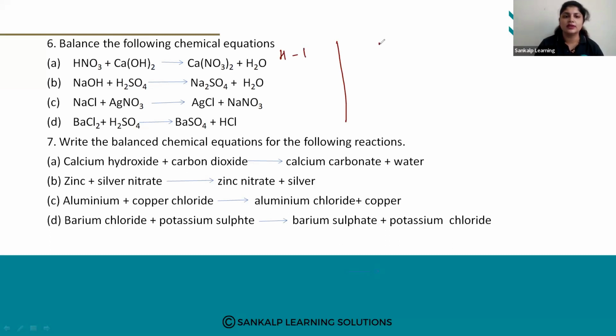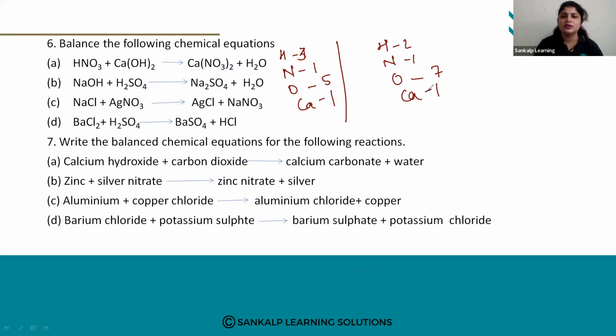Hydrogen is 1 here, and here 2. So it is 3 hydrogens, and here hydrogens are 2. Then nitrogen is 1 here, and nitrogen is 1 here. Oxygens are 3, 4, 5, so 5 oxygens. Here oxygens are 3, 2, 6, 7, so 7 oxygens. Then calcium is 1 here, and calcium is 1 here.